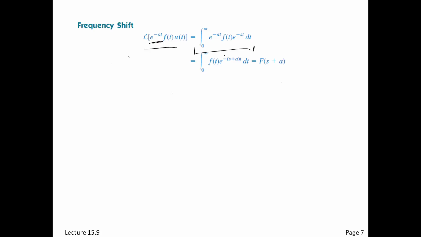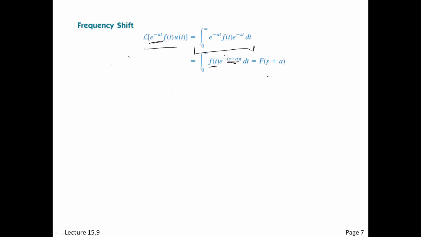And if we expand that out, we've got our f of t, and now we add minus at, so it's s plus a times t. And this all looks like what? F of t e to the minus s plus a times t. Well, that's just the Laplace F, since this is the s domain, evaluated at s plus a.